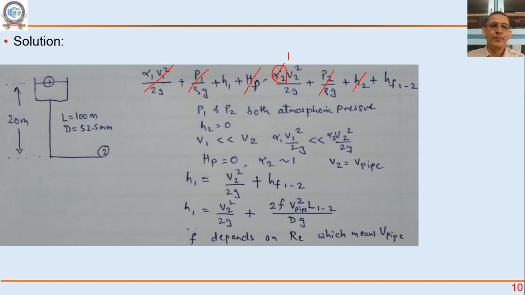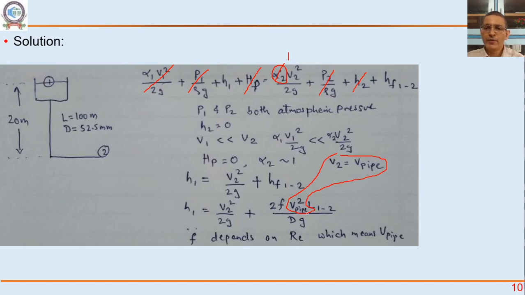Same way here, flow of water in the pipe, there is friction at the wall. That frictional force is opposing the gravitational force. It is exactly counterbalancing. That's the steady state flow rate that we will get. So velocity in the pipe is same as velocity at location 2.